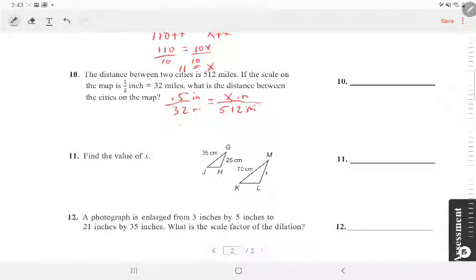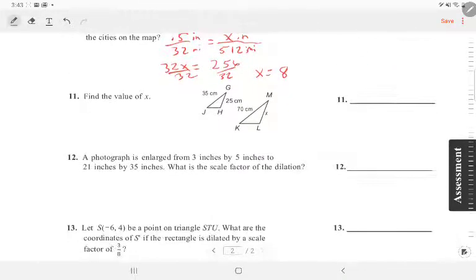We cross multiply and we get 32x equals 256. Lost my train of thought for a minute. Divide both sides by 32, and that gives me x equals 256 divided by 32 is 8. So it would be 8 inches.